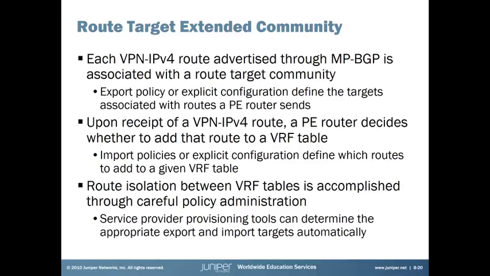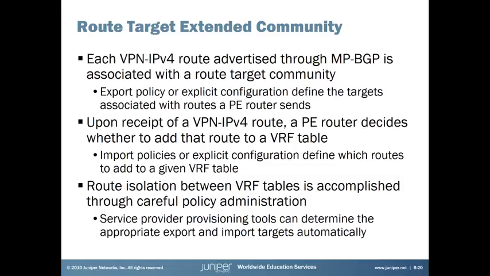This route target extended community is used to export routes that belong to a particular customer, and then to filter on those routes when they are imported. So the attribute is added to the route on the export, and the attribute is filtered by the receiving router on the import. So a route target identifies a particular customer, and their particular VPN. That's ultimately what it does.